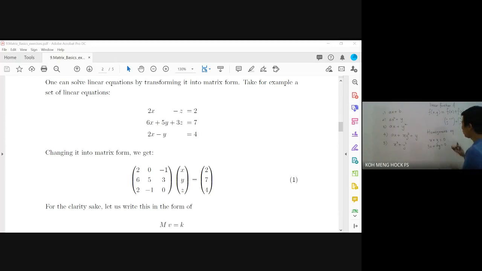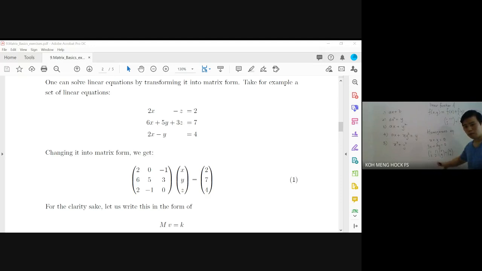Let me use another one. Let's say I have these two sets of equations. I change this into matrix, so this is going to be 1, 1, 3, 2, times x, y, equals 0, 0.